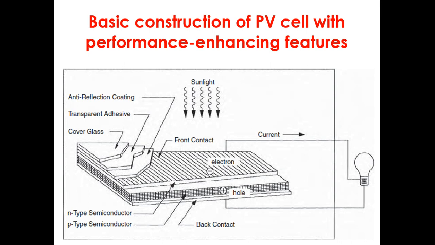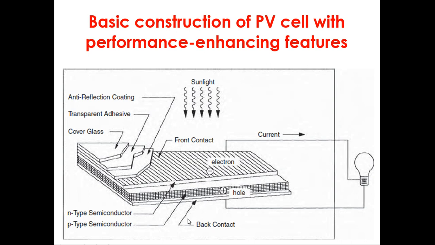Talking about the basic construction of the PV cell with performance enhancing features, we can accommodate some glass covers, transparent adhesive, anti-reflection coating. Then we have the N type semiconducting material, P type semiconducting material, electron hole pairs, and then the sunlight will fall on it and the current will flow from the photovoltaic module to the load, and ultimately we have the back contact.